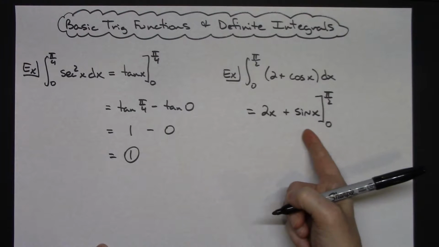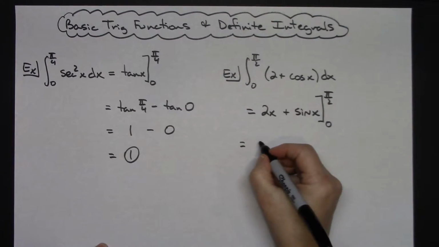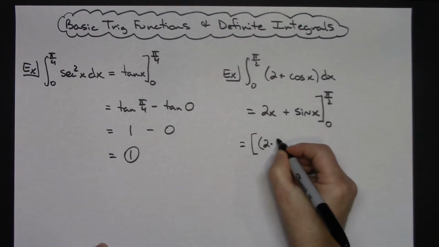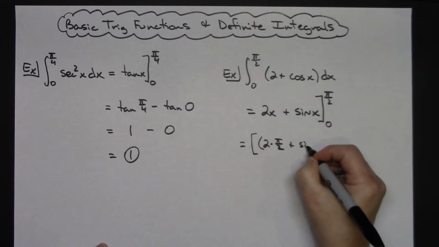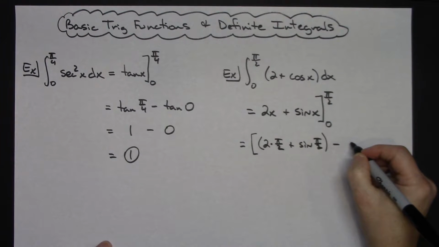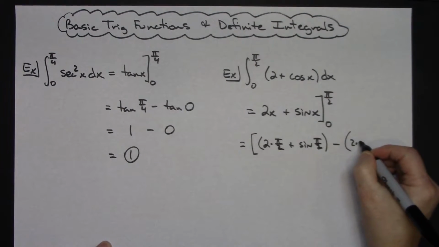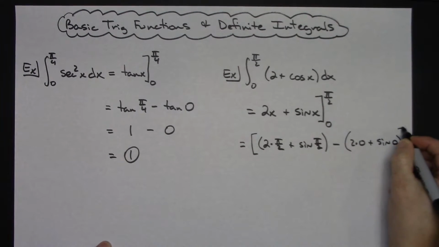I'm going to plug pi over 2 into both of them, and then plug 0 into both of them. So I'm going to have 2 times pi over 2 plus sine of pi over 2, minus 2 times 0 plus sine of 0.